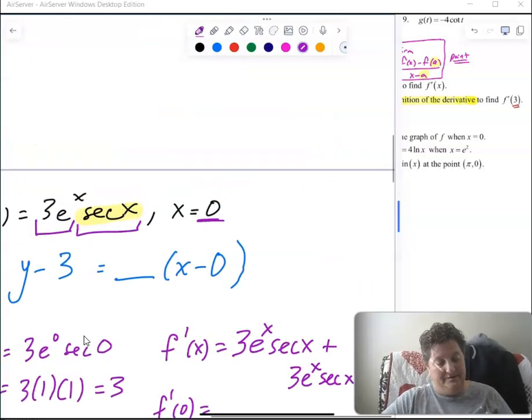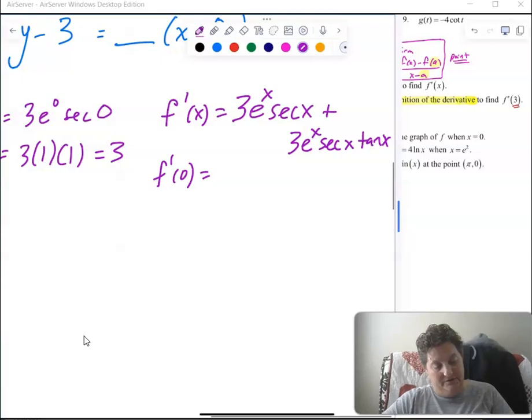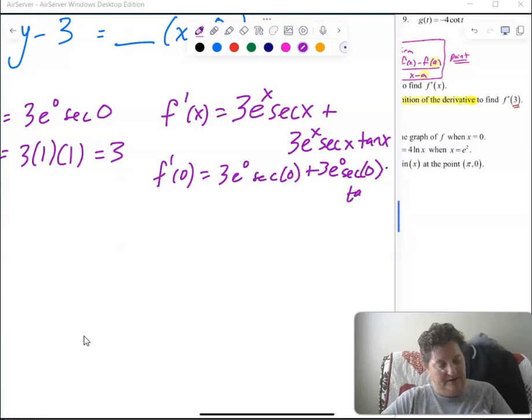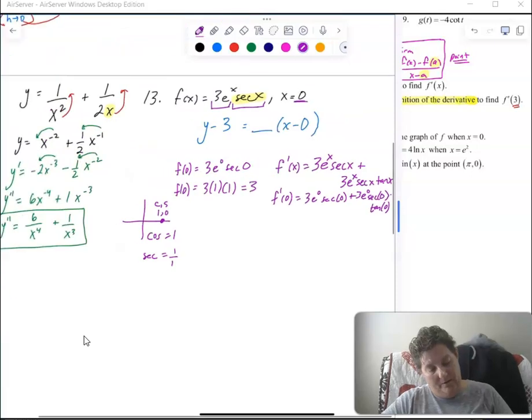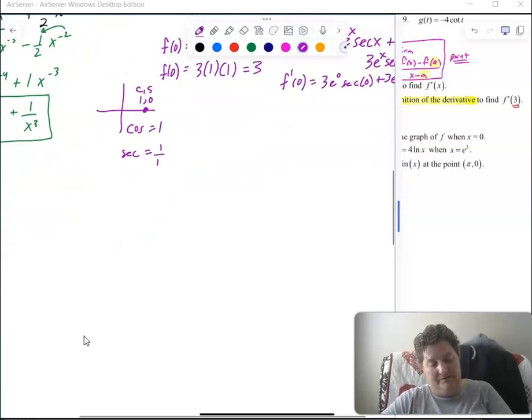And so again, at this same point, at 0, it's 3e to the 0 secant of 0, plus 3e to the 0 secant 0 times tangent of 0. Right? We already know what secant of 0 is. Let's figure out what tangent of 0 is. Well, we know tangent is sine over cosine, and sine is 0 at that point, cosine's 1.